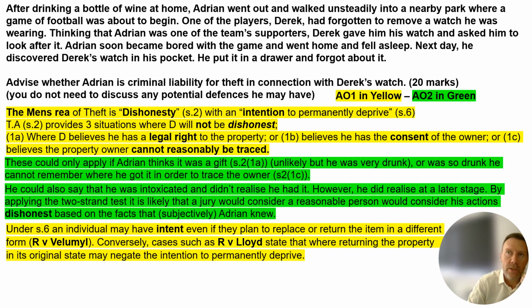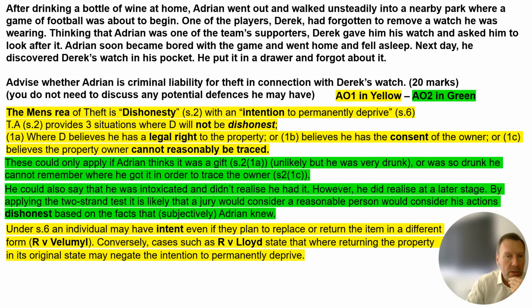What did the defendant know about the situation that he's now accused of theft of? On this occasion, of course, we're not sure what he knew because he was quite drunk. But that's the first part of the test. The second part of the test is to allow the jury to decide whether this person was dishonest, whether a reasonable person with the knowledge that the defendant subjectively had is acting in a dishonest way by doing what they did.